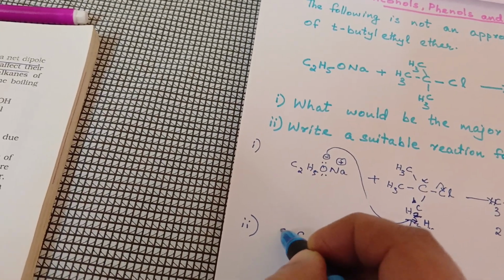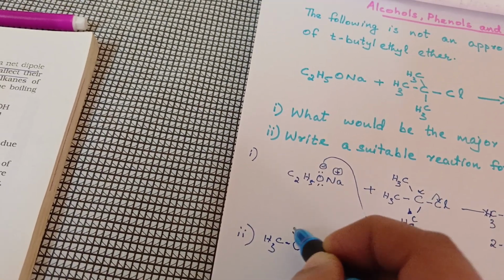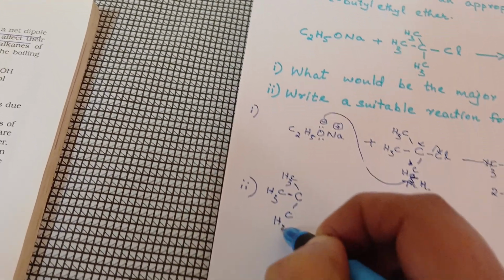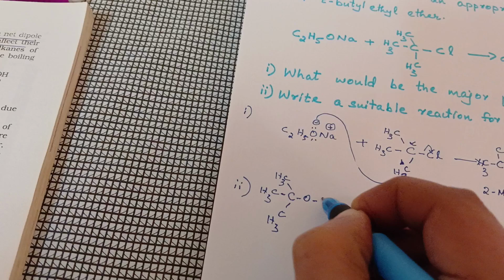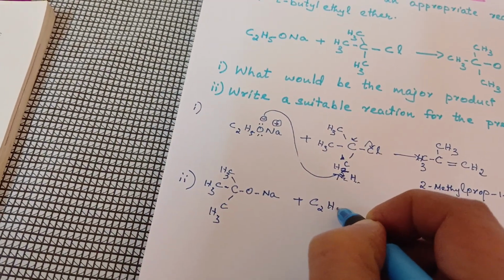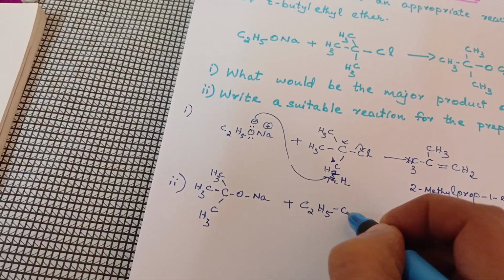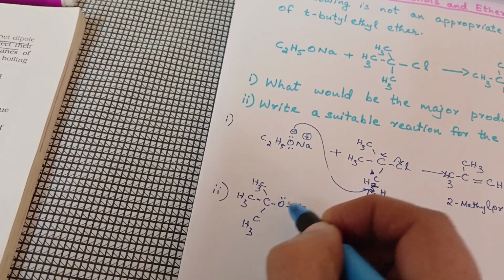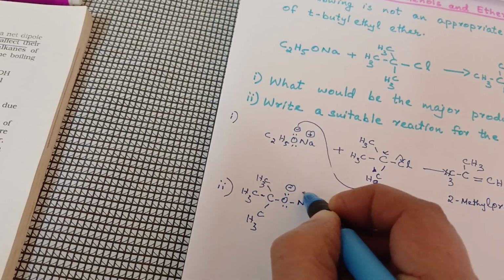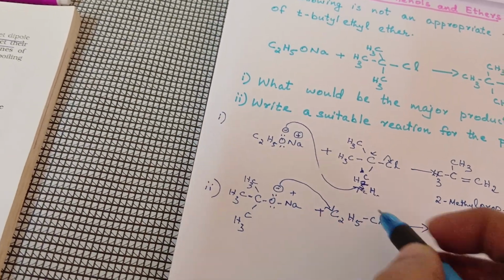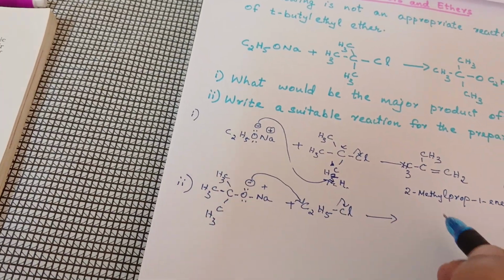So we will have CH3, CH3, CH3 and ONa plus C2H5Cl. When we do this, here you have the alkoxide. This will come and attack here and the sodium chloride will be removed.